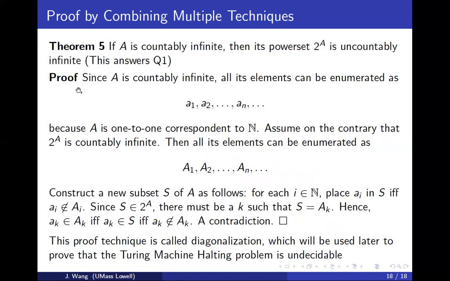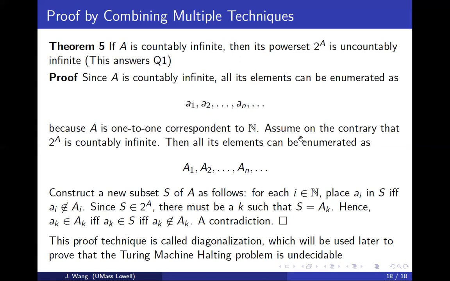The proof is like this. First, we assume A is countably infinite by definition. That means the elements of A can be enumerated because it is in one-to-one correspondence with the natural numbers. So these indices are natural numbers.